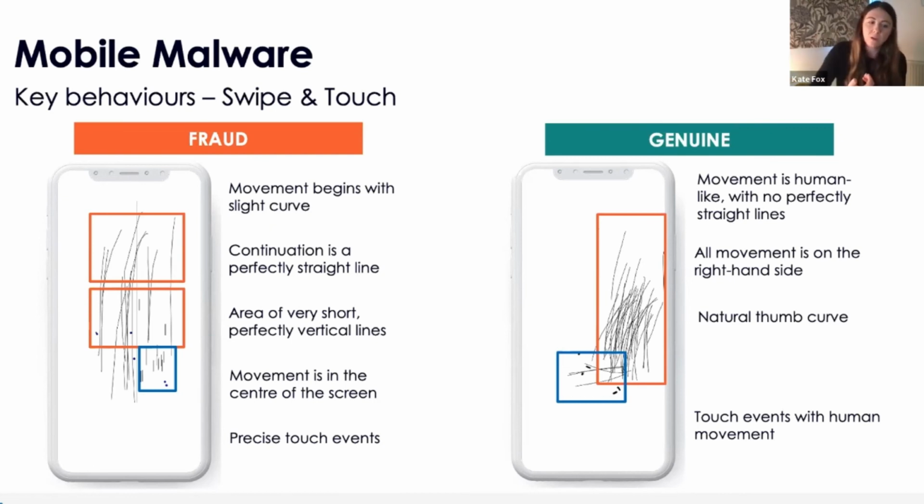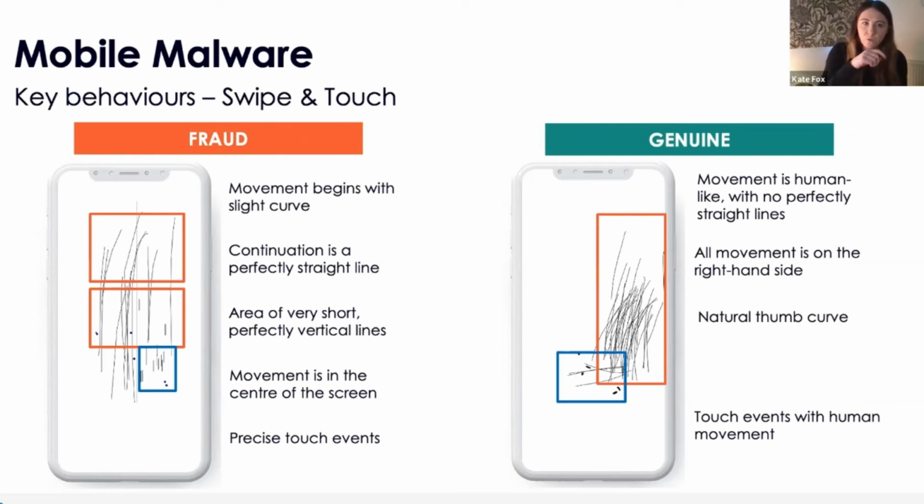And if you think about when you swipe on your phone, it's never really a straight line, is it? We've got fingers and thumbs that are curved and move. So that seemed not typical of what a genuine human would do, which gives us another clear indication that this could be a fraud session that is being remotely accessed from another device.